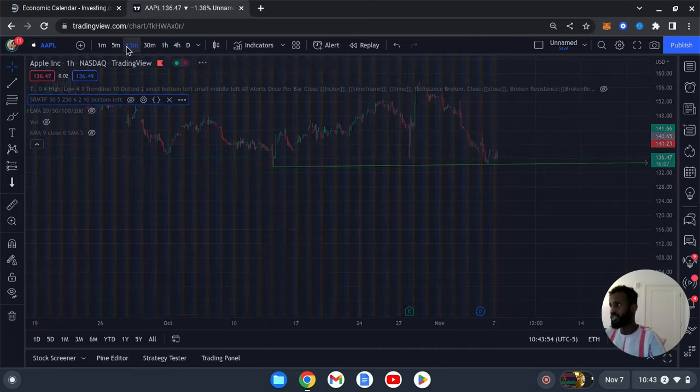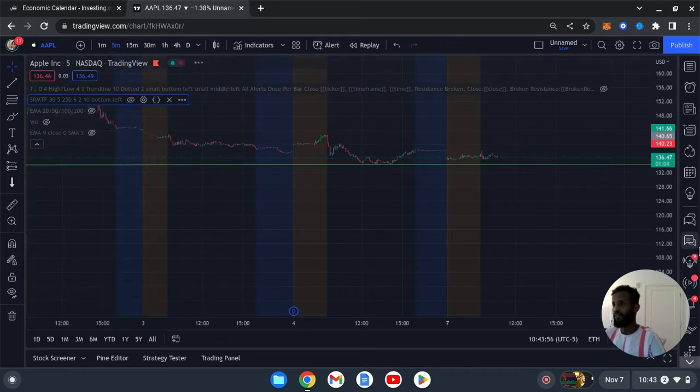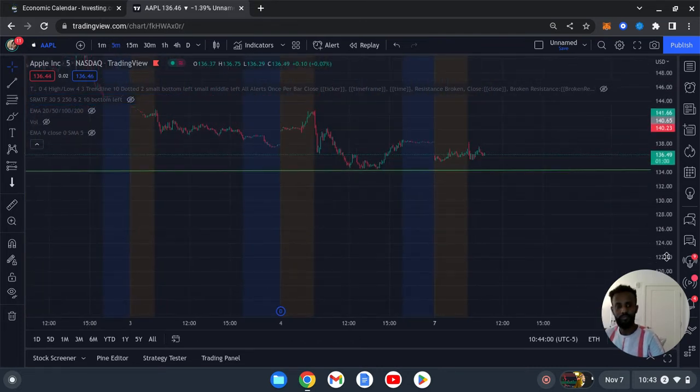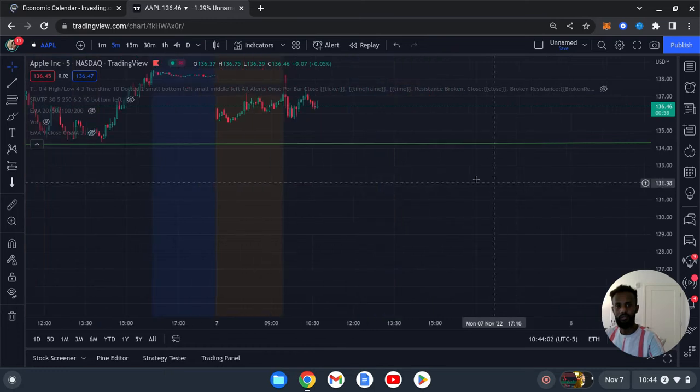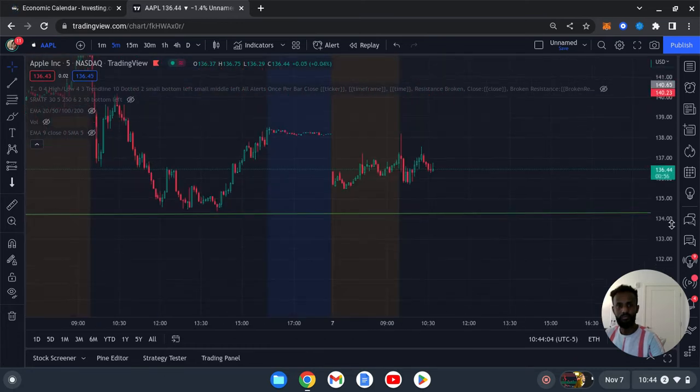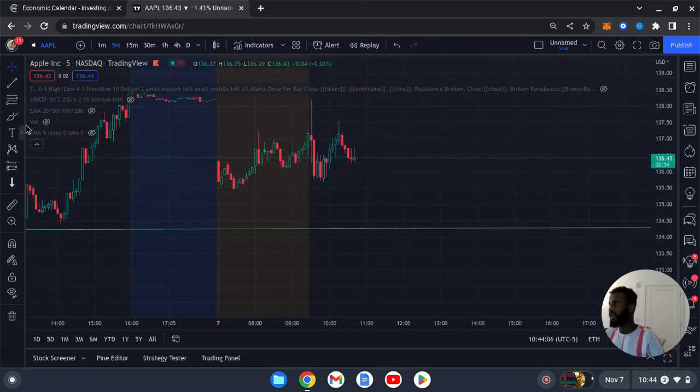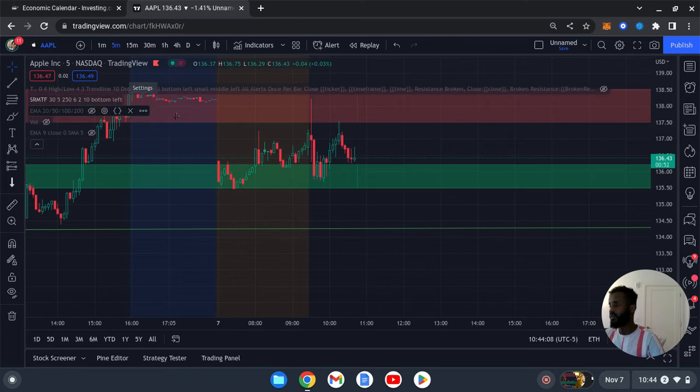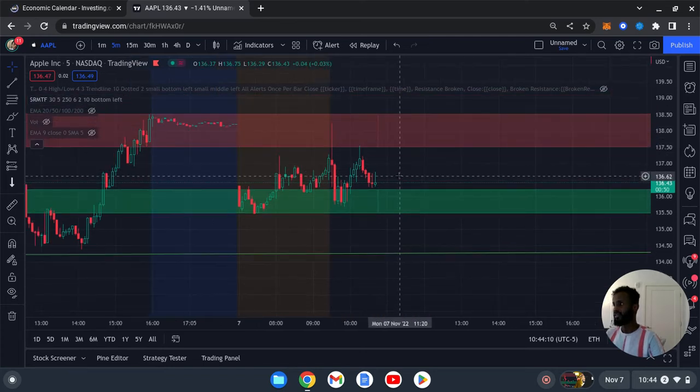So once we jump to our 5-minute time frame, right here, and we click this indicator, we can see it gives us some zones.